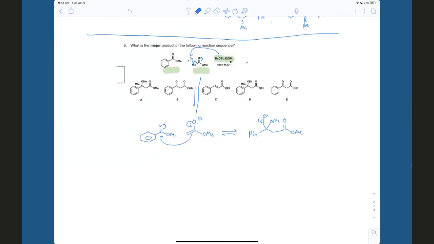What happens to these types of tetrahedral intermediates? We have an O minus, a carbon, and then a methoxide. Boom, we're going to do the collapse. Yeah, so this will quickly kick out this leaving group.